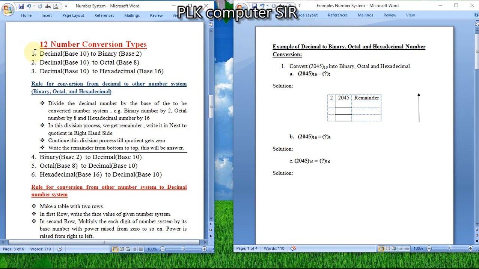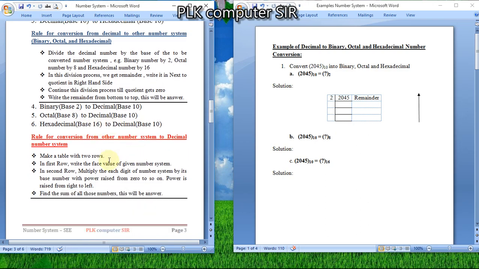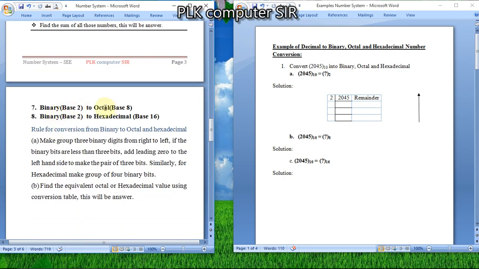Now for the conversion, there can be a maximum of 12 possible conversion types. Number 1, decimal base 10 to binary base 2, so you have to remember the base also. Number 2, decimal to octal. Number 3, decimal to hexadecimal. Number 4, binary to decimal. Number 5, octal to decimal. Number 6, hexadecimal to decimal. Number 7, binary to octal.